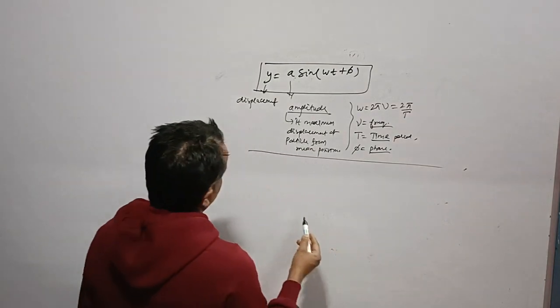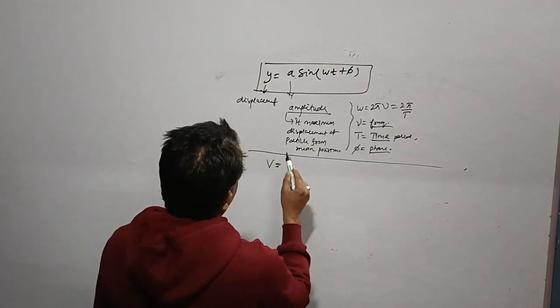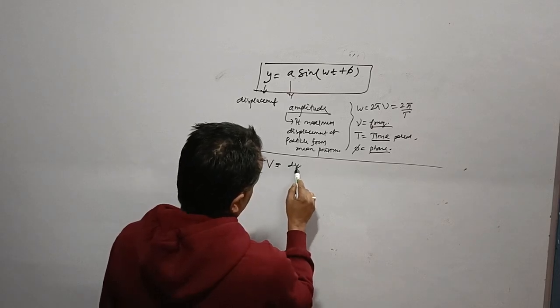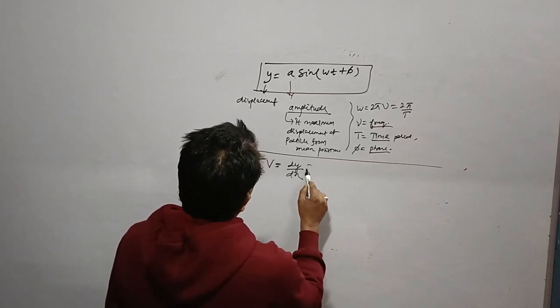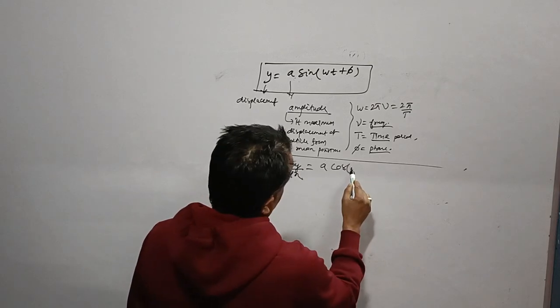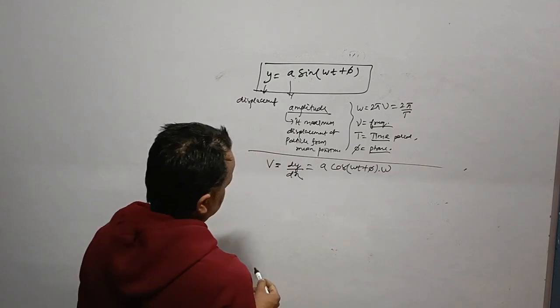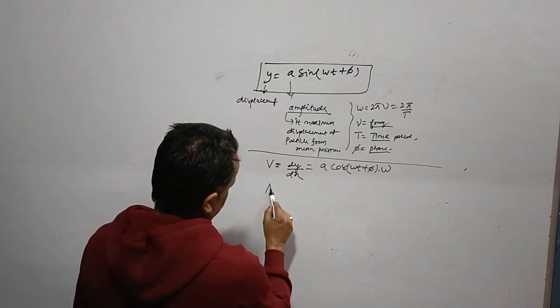Then we have velocity. Velocity of SHM will be what? We differentiate it. The derivative of sine(omega t plus phi) is cos(omega t plus phi) into omega. Then we have acceleration.